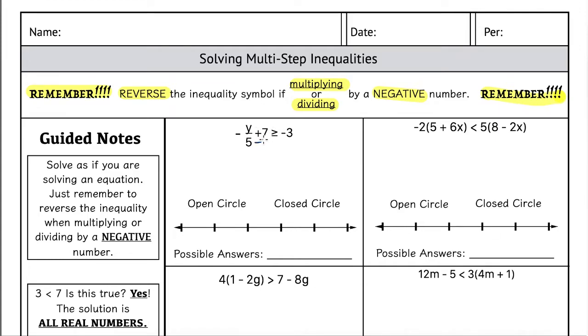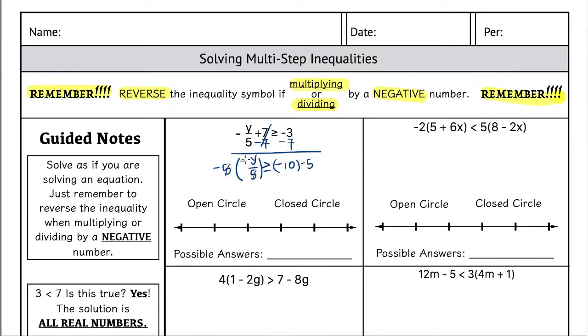So I subtract 7 from both sides. Negative y over 5. That's 0 is greater than negative 10. Then I have to multiply by negative 5 in order to isolate my variable.